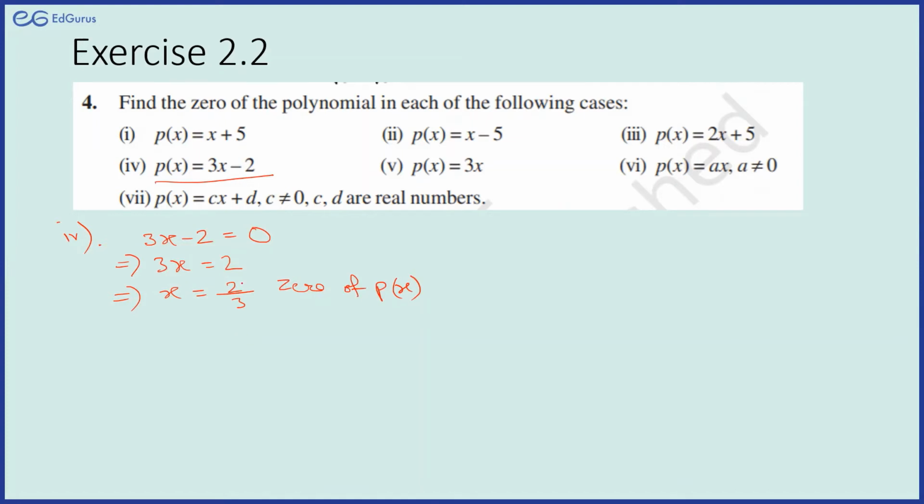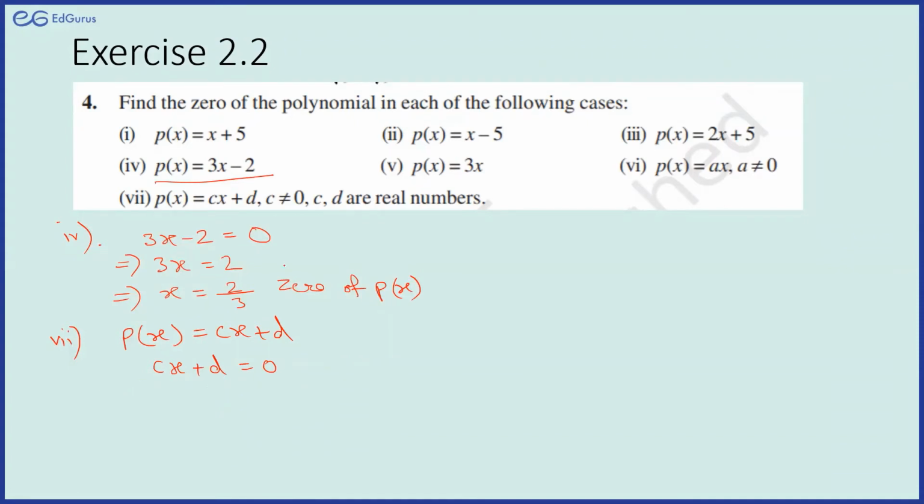Ma'am, 7th. 7th is p of x equal to cx plus d, where c is not equal to 0, they have given, and c and d are real numbers. So we want this polynomial to become 0, right? We want cx plus d to become 0, and we are trying to find the value of x.